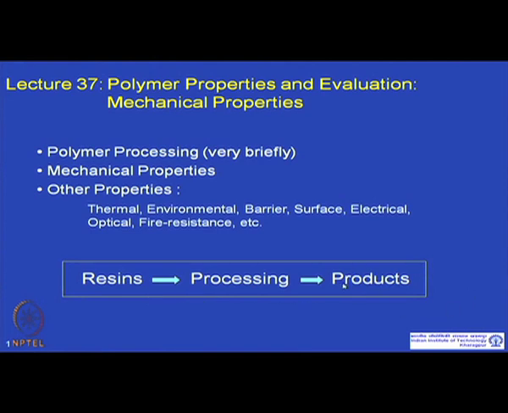Finally these polymers will be applied in products, in applications, and the step which converts the polymer resins into a product is called processing. Polymer properties are tested on the final product or final specimens. So, unless we know the polymer processing step, there will be a gap between a resin and a product or application.